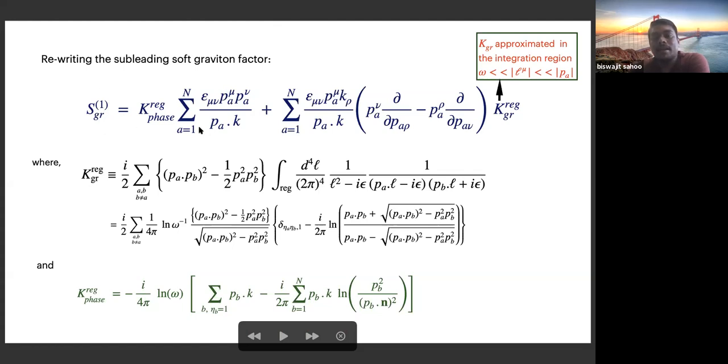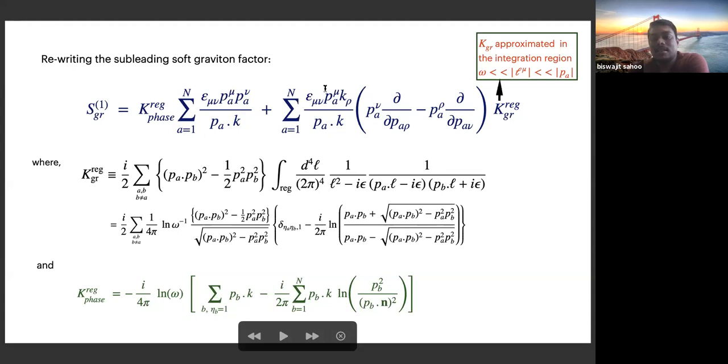This can be written as the k phase term, which was the eikonal factor when the graviton is propagating from a finite energy particle to a soft graviton. You evaluate this phase factor in a regulated range of integration, from the higher cutoff to the energy of the soft graviton, and multiply it by the leading soft factor.